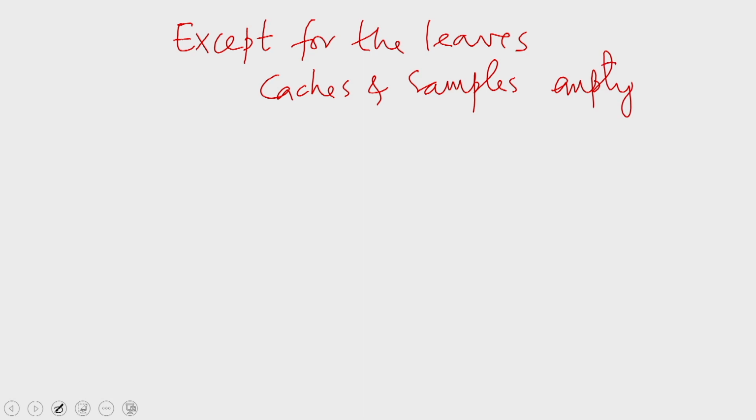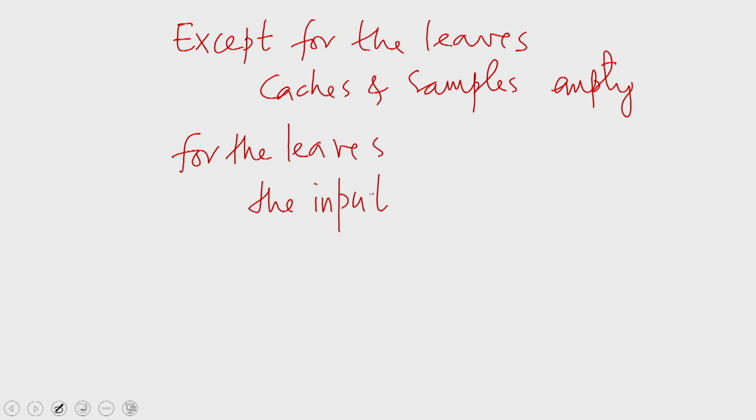The caches and samples of all nodes other than the leaves are initially empty. For the leaves, the input elements occupy the caches.